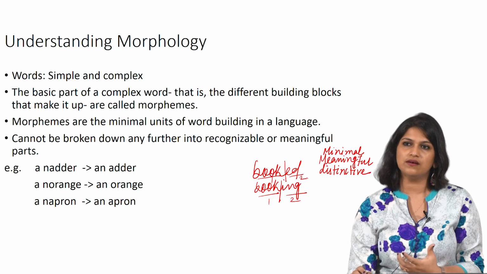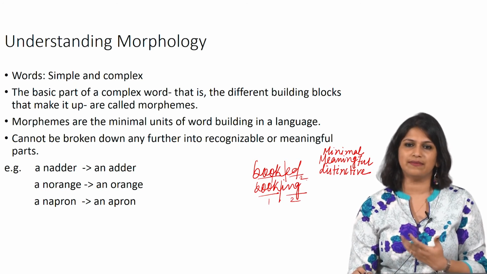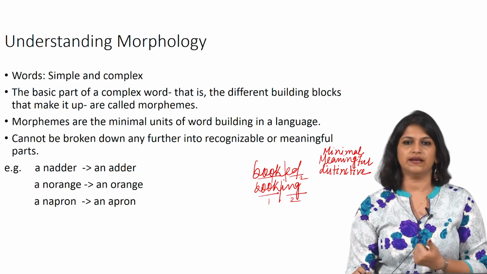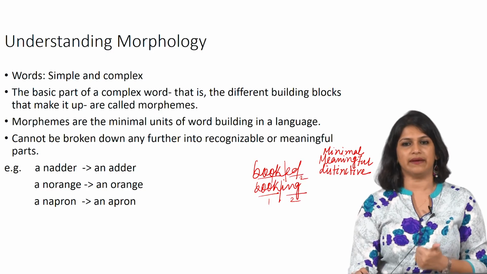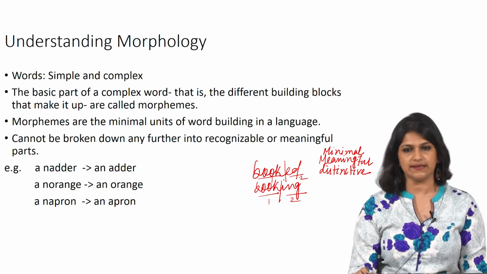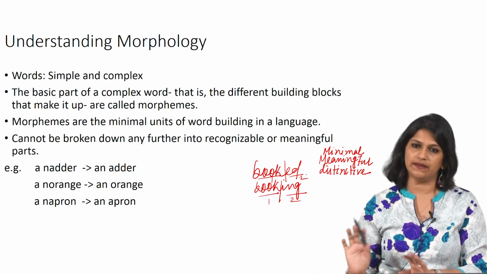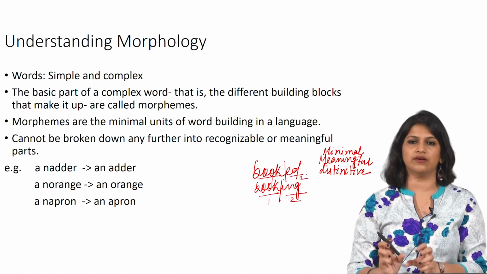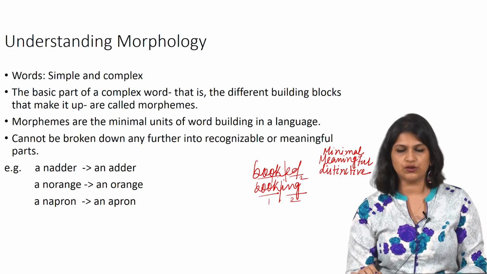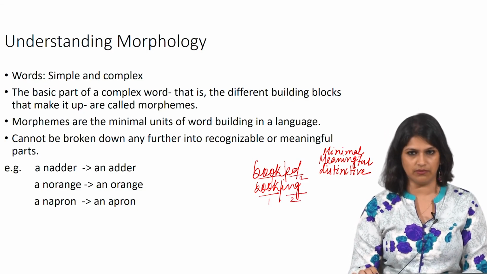The moment you hear ed, you generally assume that this must be the past tense form of something. So ed as a morpheme has some inherent semantics, or inherent meaning. And is that distinctive? Yes, because you can keep it separate, though not independent, you can accept it as a distinctive unit, right. So booked as a word or as a verb will have two morphemes, book and ed.